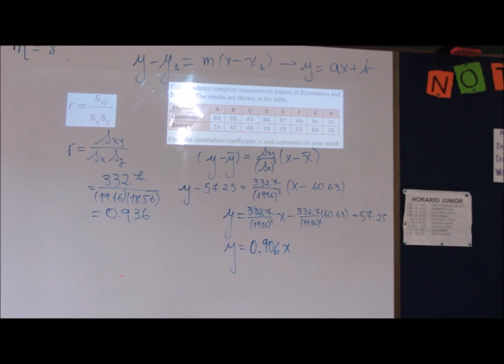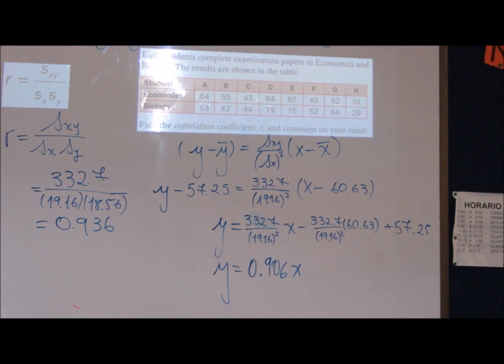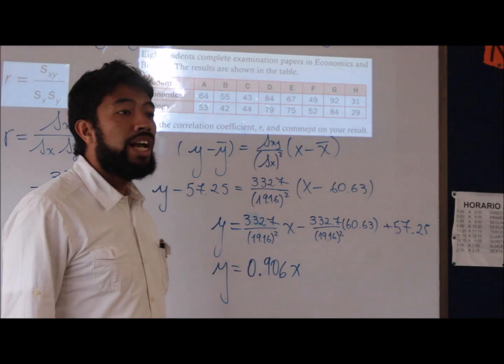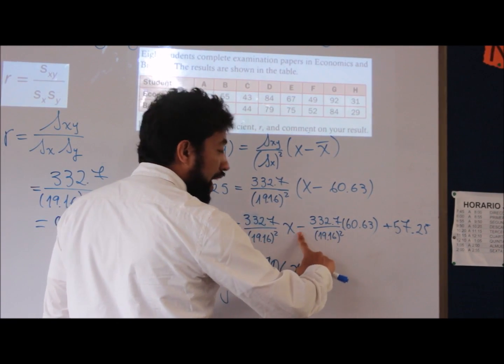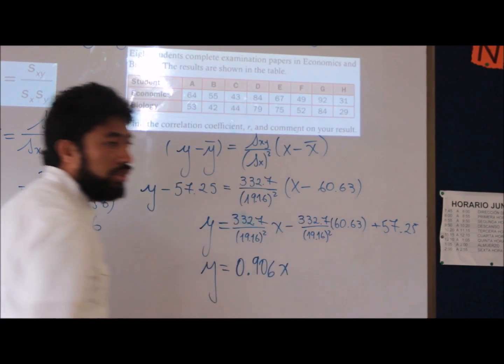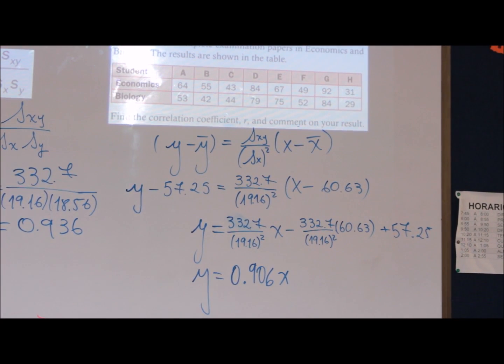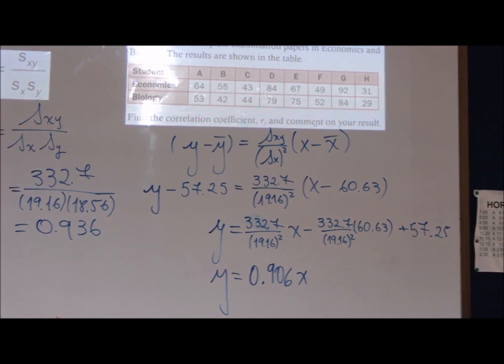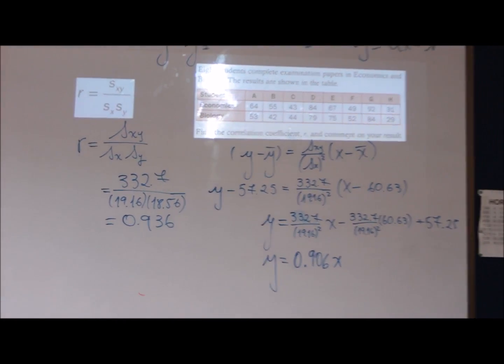now, calculator, negative this expression plus this, and tell me what you obtain. And 302? Yes.